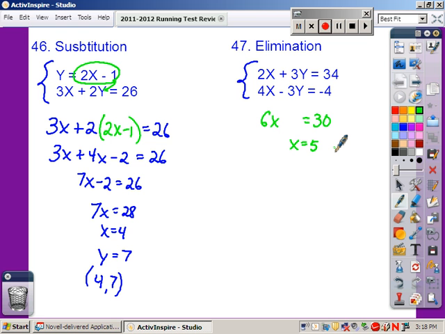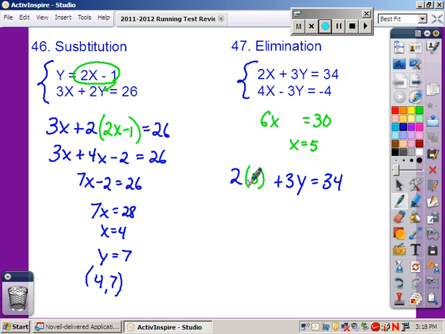Okay, now you have your answer for x. You've got to take it back up to one of these original equations. I'm going to choose the one without the negatives in it, because why not? And stick your answer in for x. So what I really have here is 2, and then, remember, x is 5 now. And then I have plus 3y equals 34.